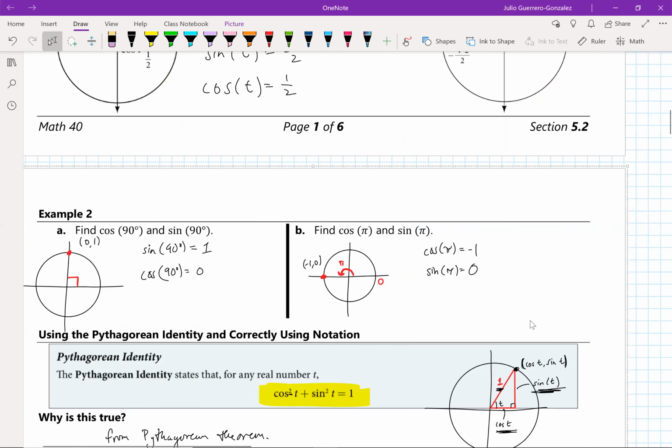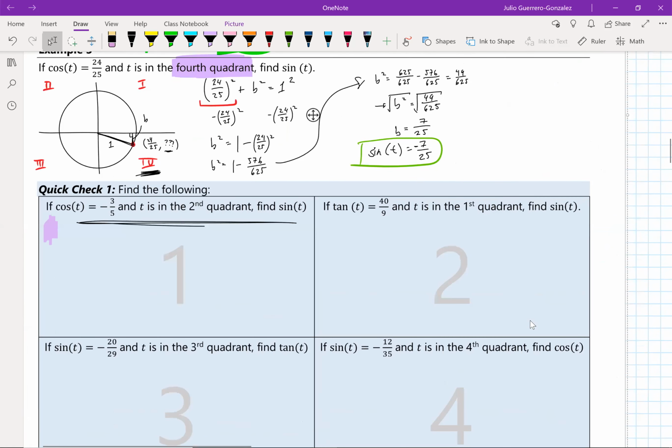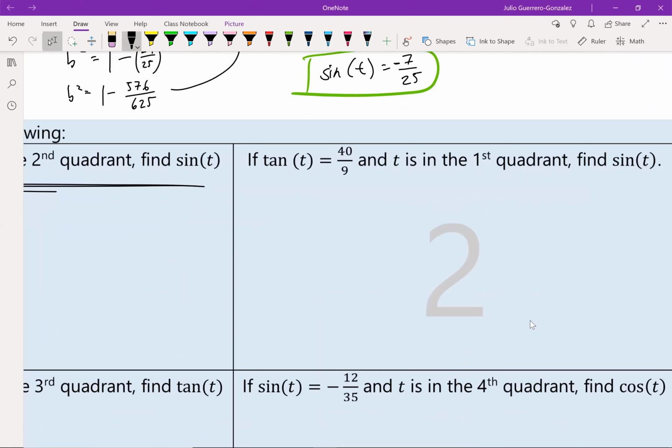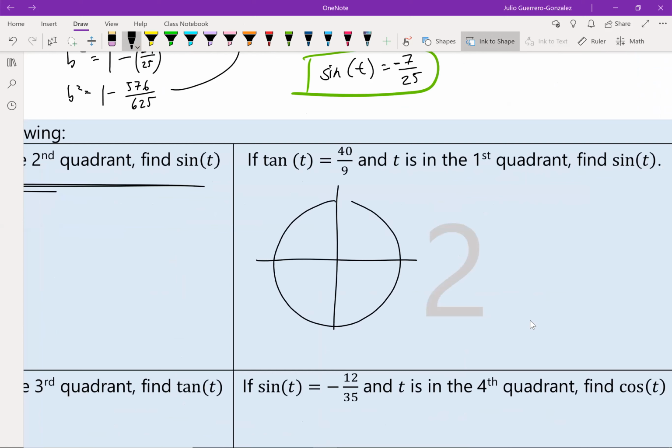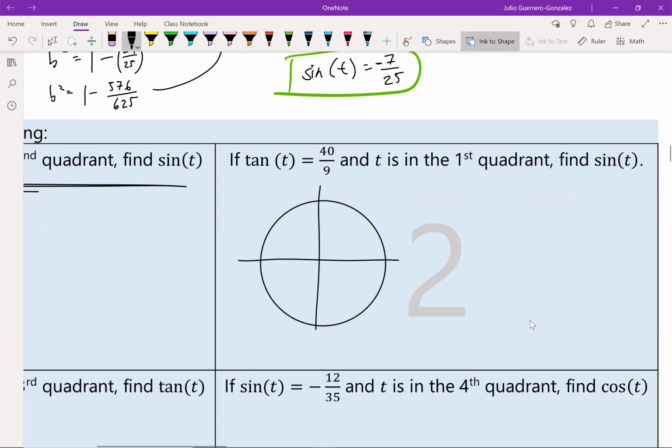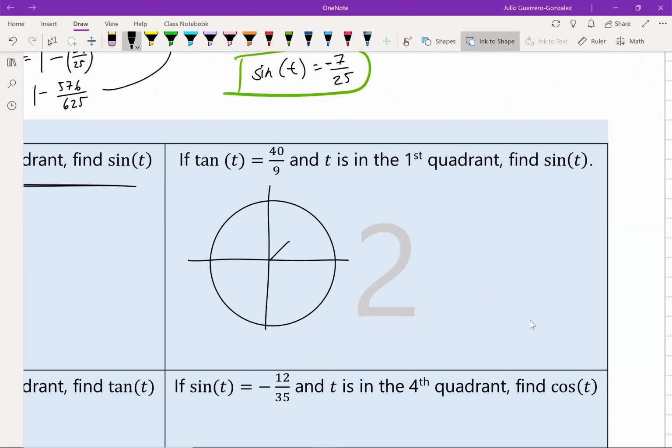So we're going to use that here. The first thing we're going to do, it's always a good thing to do, is go ahead and draw your unit circle, right? And tangent is in the first quadrant. So what I'm going to do is draw a rando triangle in here.